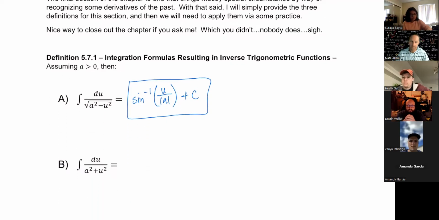Part B, very similar, but instead of the difference of 2 squares that has the square root on it, what if we had addition of 2 squares? Well, for that one, it's actually going to be tangent. But it's also going to have a fraction of 1 over a times that arc or inverse tangent of this one is also u over a.